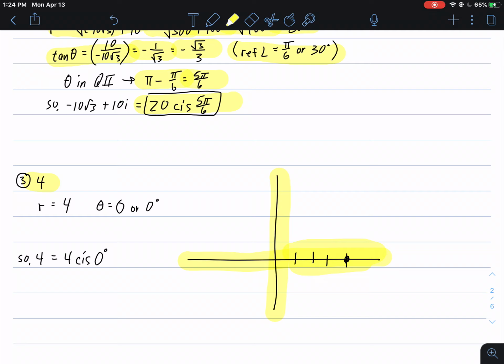So r equals 4, theta equals 0 radians or 0 degrees. So my complex number 4 in standard form has a trig form of 4 cis 0 degrees, or 4 cis 0 radians. Okay? So there is a way to write a real number in this trig format. All right, so that's converting.